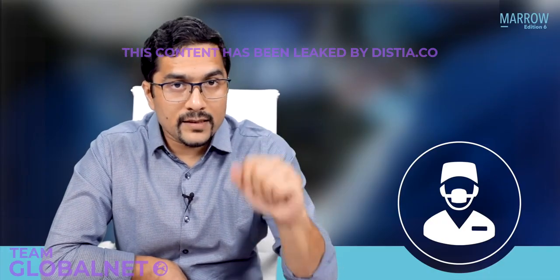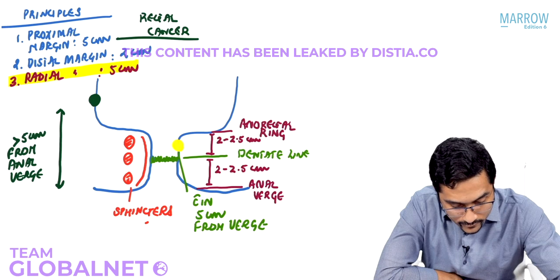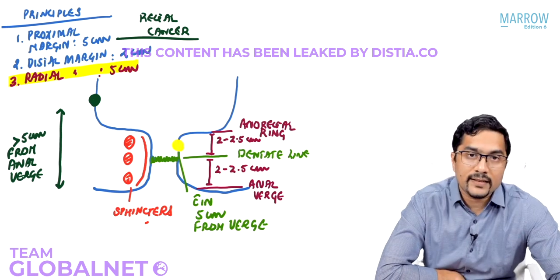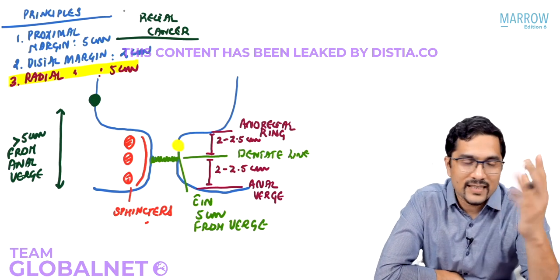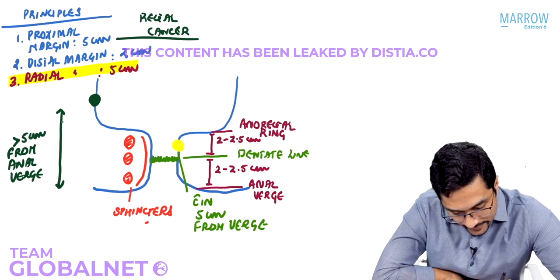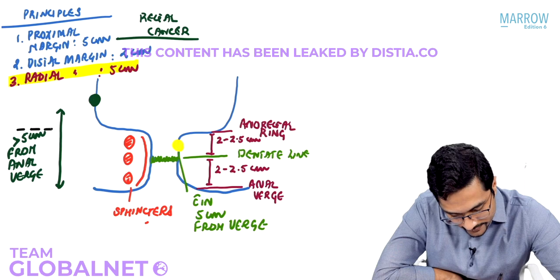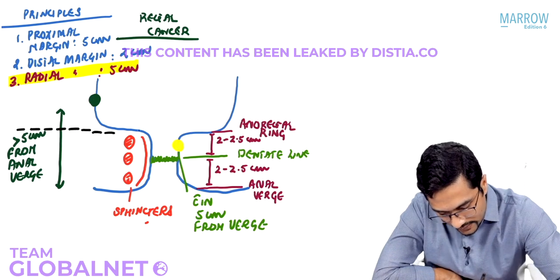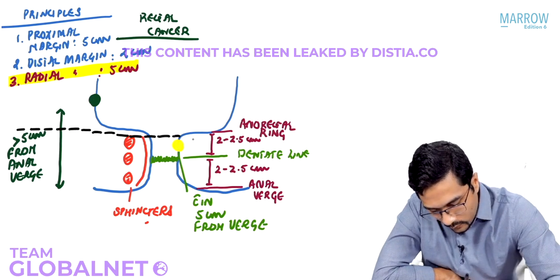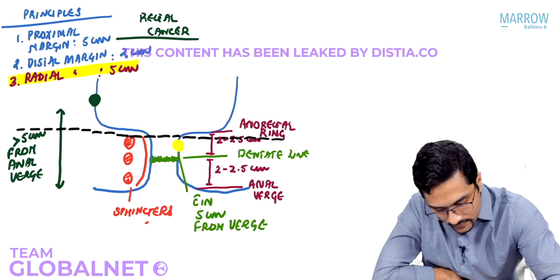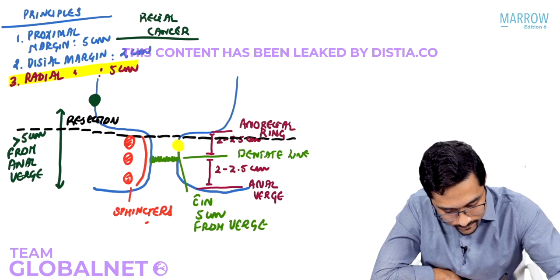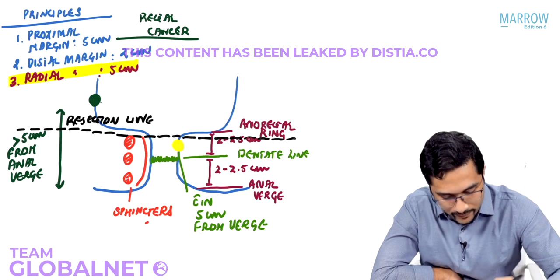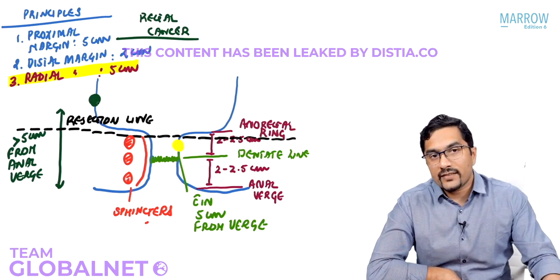Now, I've told you the principles. Let's look at the first patient and see where our resection line will go. Proximally, I can take 5 centimeters. I have no issues. Distally, I need to take approximately 2 centimeters. So my resection line would go somewhere from here, in a patient where the tumor is more than 5 centimeters.